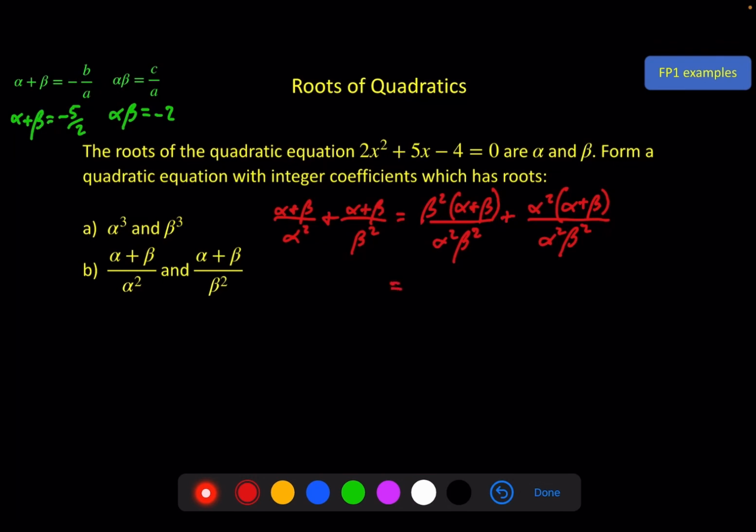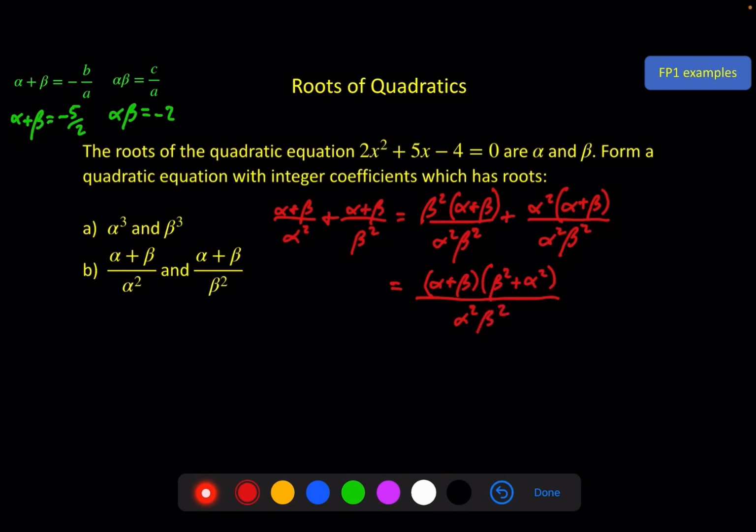Then if we combine our two, we can factorize out a common bracket alpha plus beta. So writing this as one fraction, we've got alpha plus beta as a common factor, and that leaves beta squared plus alpha squared, and all of that is over alpha squared beta squared.